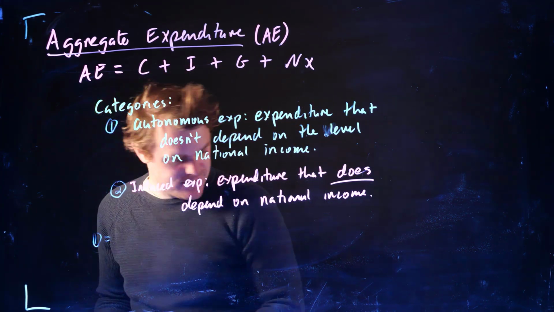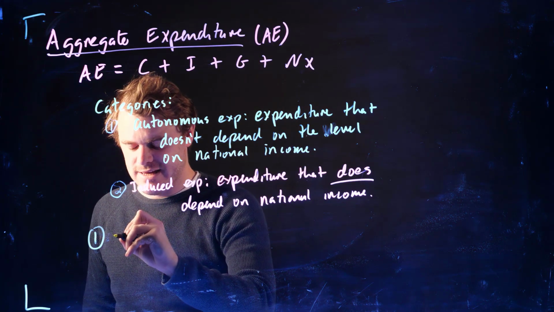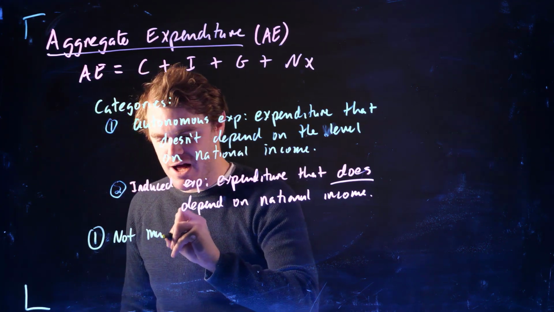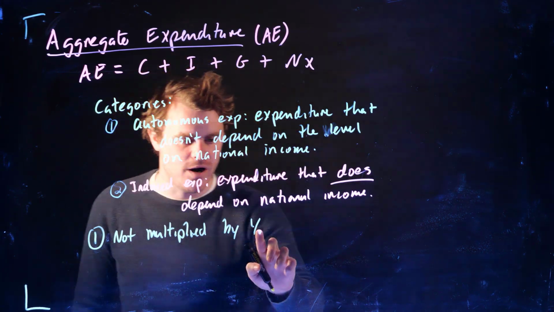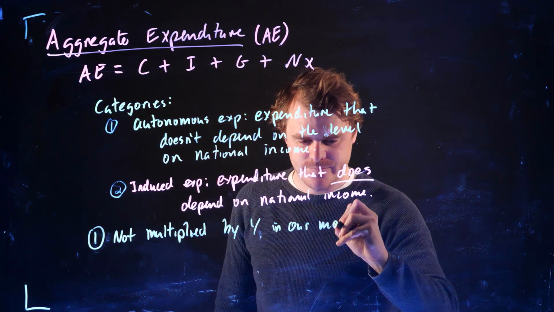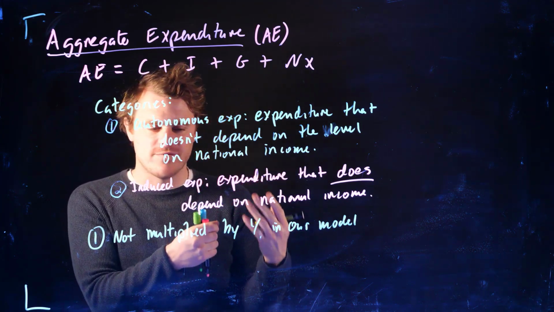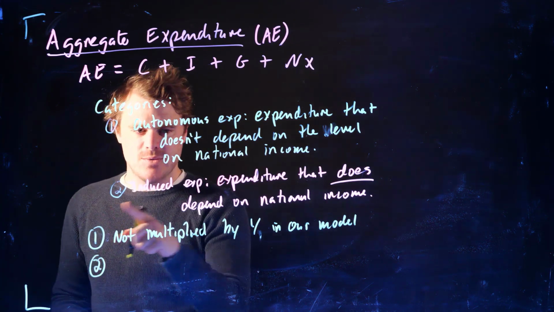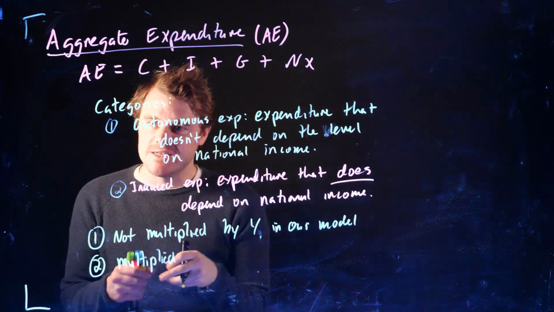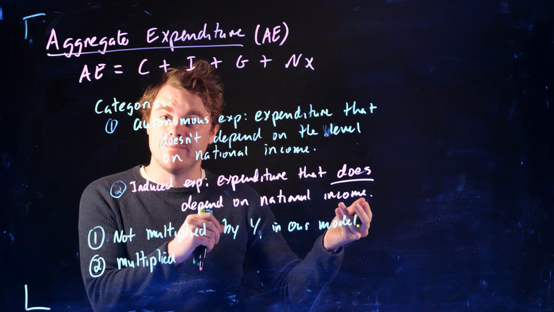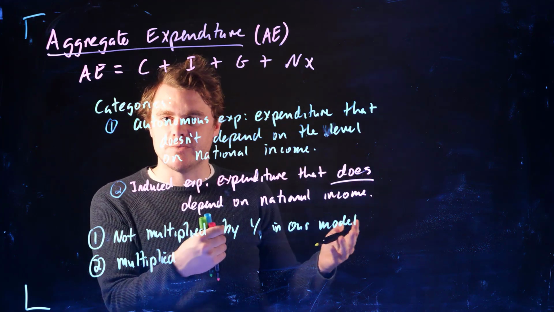So think about it as not multiplied by Y in our model. They're going to be like constants, some factor of our model that doesn't depend on Y. Induced expenditures in our model are things that are multiplied by Y, because if they're multiplied by Y, then they depend on Y. If it's a positive number, then the higher Y is, the higher this expenditure would be.